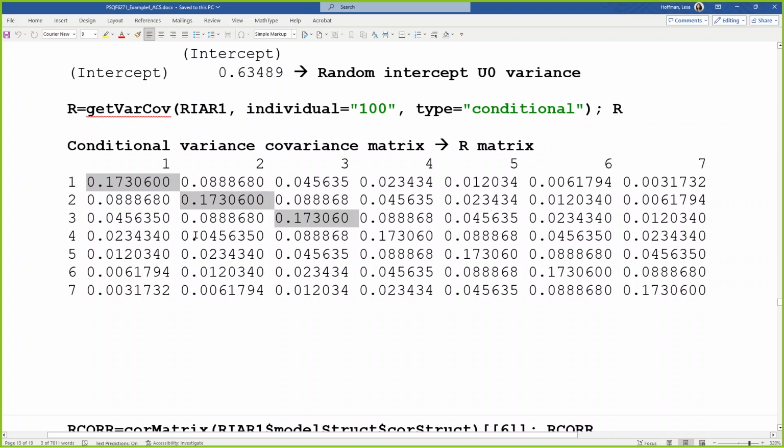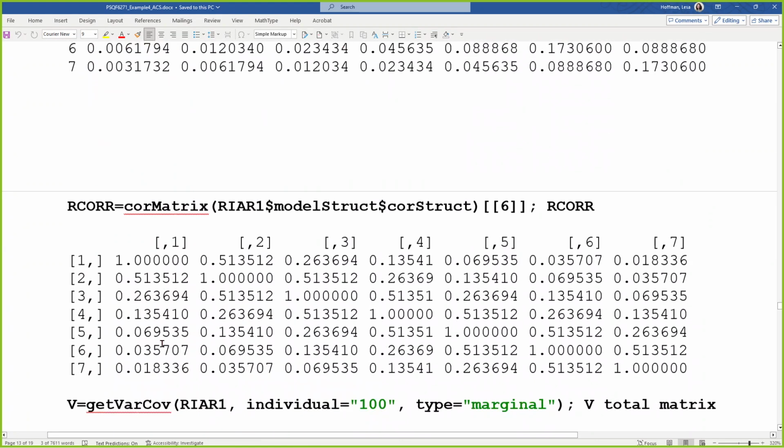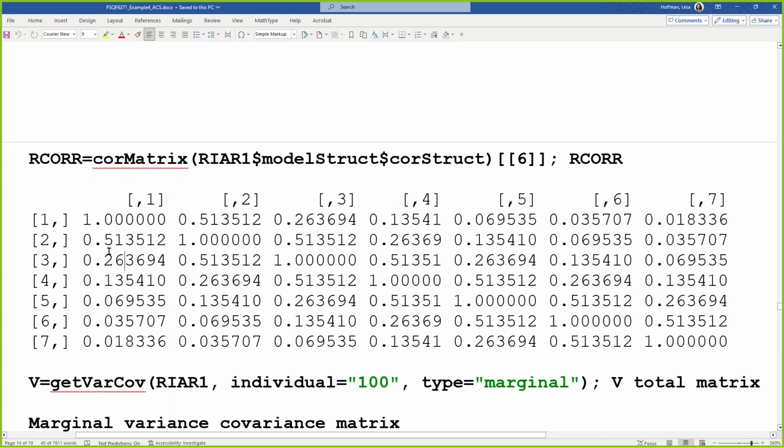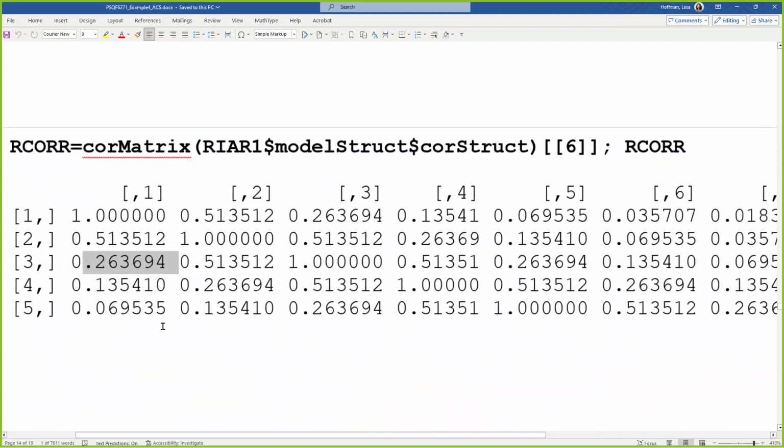So I asked for that next. This is the R matrix that gets created. So the autocorrelation parameter was estimated at 0.51. That's lag 1 E correlation. If I square that, that's lag 2 E correlation down to 0.26, and so on. So you can see that it dies off to almost 0.